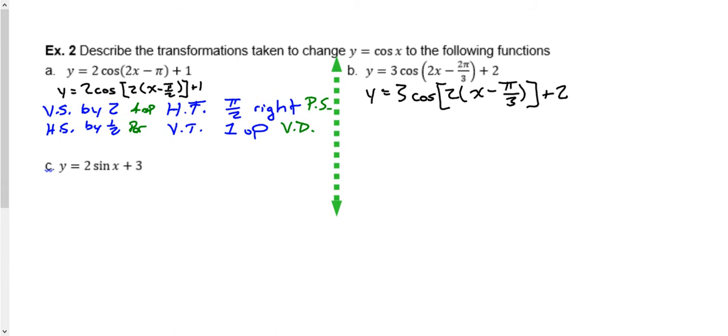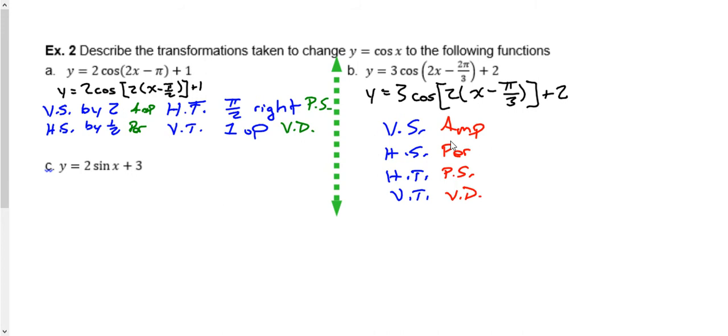And again, same characteristics. You have a vertical stretch, horizontal stretch, a horizontal translation, and a vertical translation. And of course, all of these were equivalent to amplitude. This one here is going to help you find your period. You have a phase shift, and you have a vertical displacement.